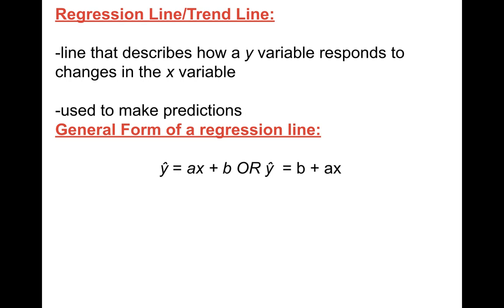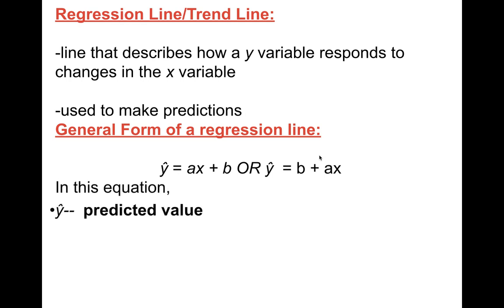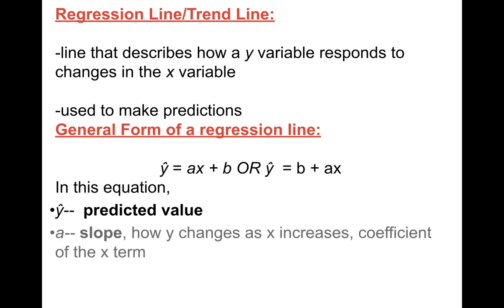Basically the same thing here, except we're using ax plus b instead of mx plus b, or we could reverse the order like I have it here. Either way, the y is our predicted value. Like I said, we use the equation of the regression line to make predictions.